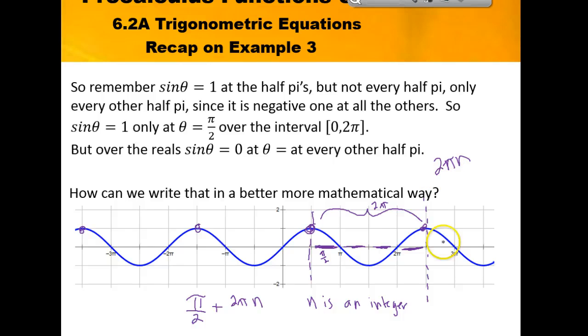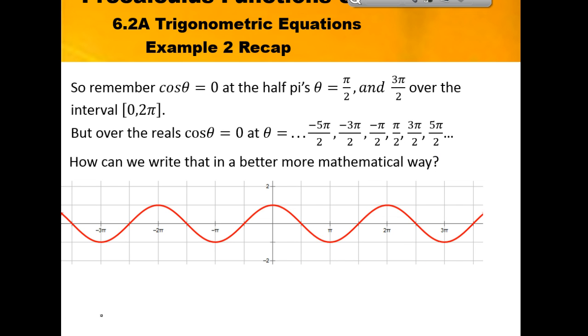Okay, so the next slide. Okay, so let's look at cosine. Remember, cosine is 0 at the half pis: pi over 2, 3 pi over 2, 5 pi over 2, negative pi over 2, negative 3 pi over 2.